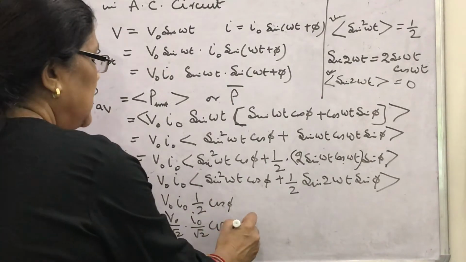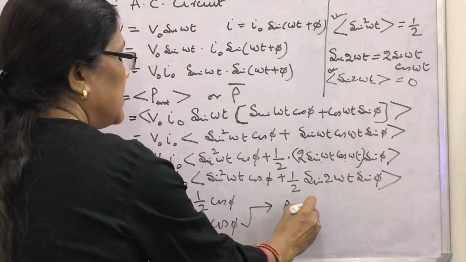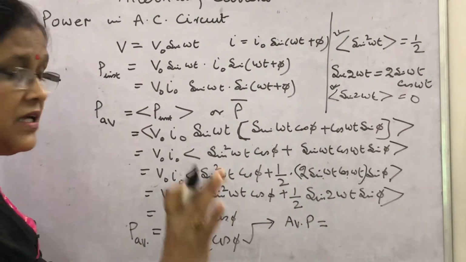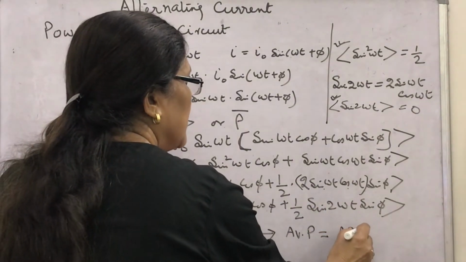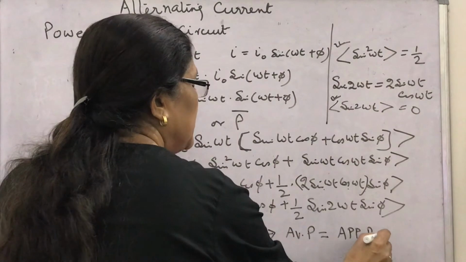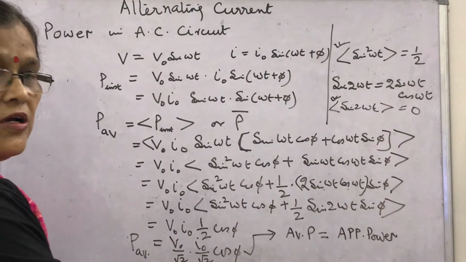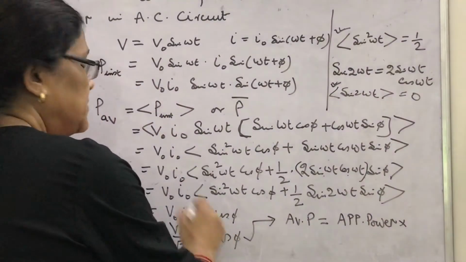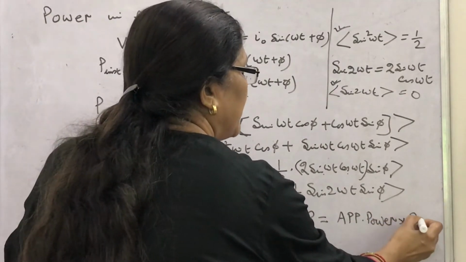What this relation is written, that average power in AC circuit for one complete cycle is equal to apparent power into power factor. This VRMS into IRMS is called apparent power. And what is this cos phi? You know, cos phi is called power factor.